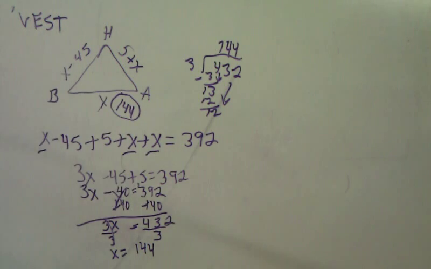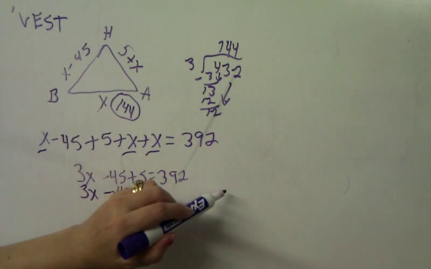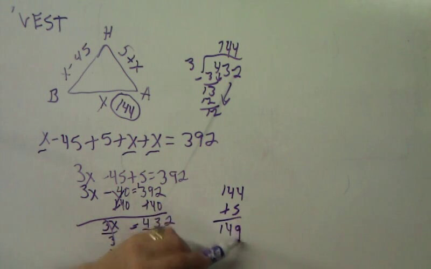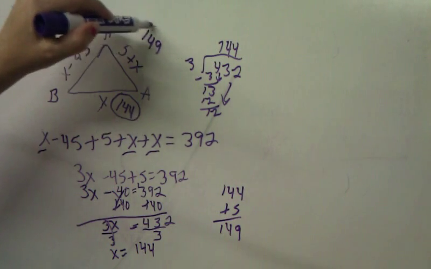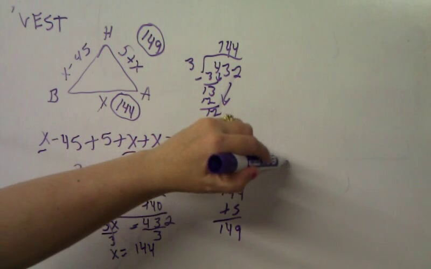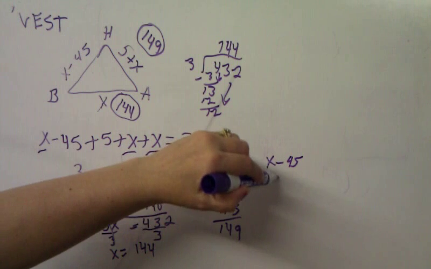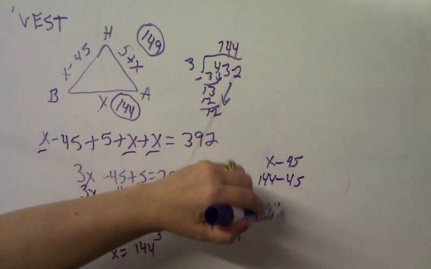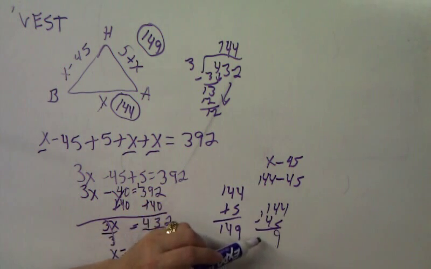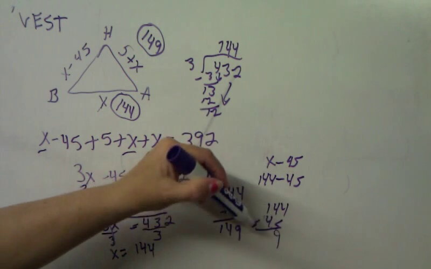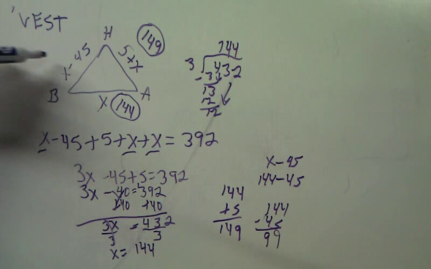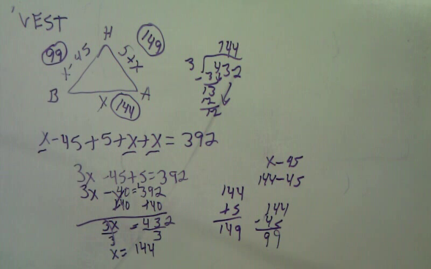Remember, you have to label all your variables. 5 plus X, so add 5 to it, it's going to be 149. X minus 45, 144 minus 45, is 99.